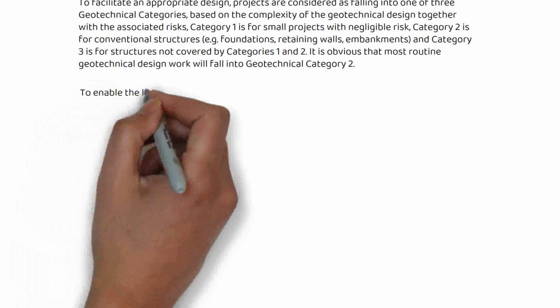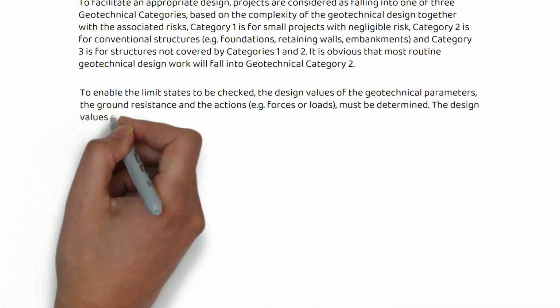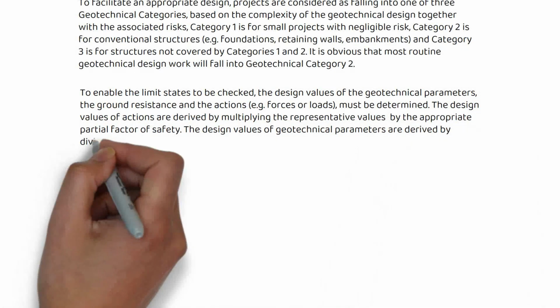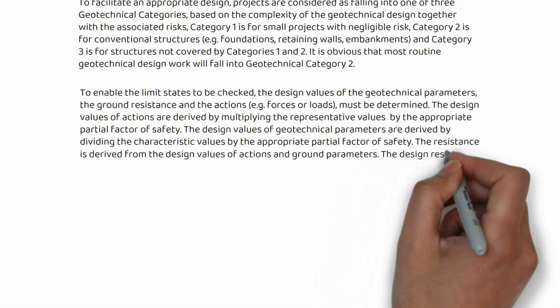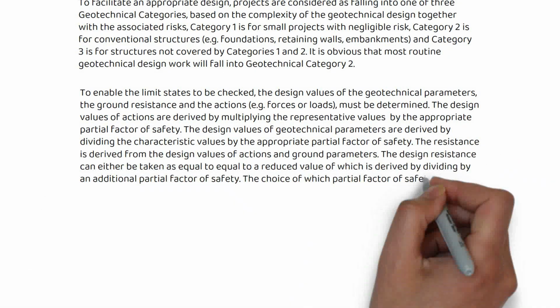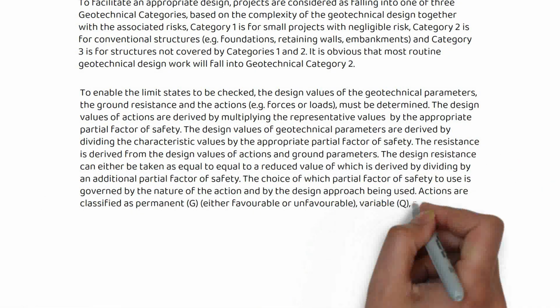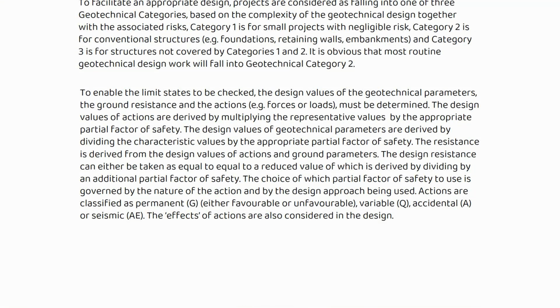To enable the limit states to be checked, the design values of the geotechnical parameters, that is the ground resistance, and the actions, e.g., forces or loads, must be determined.